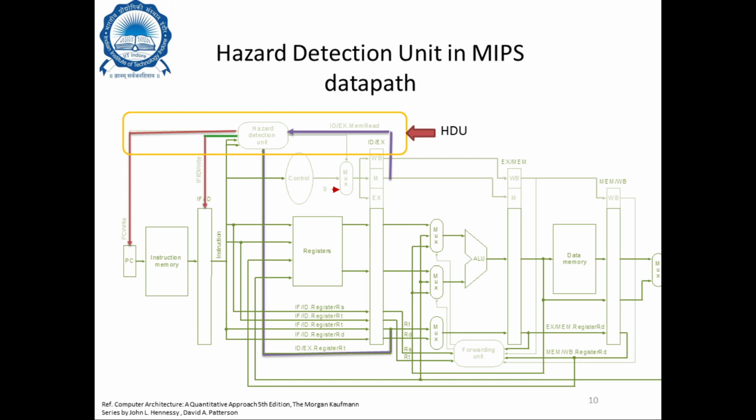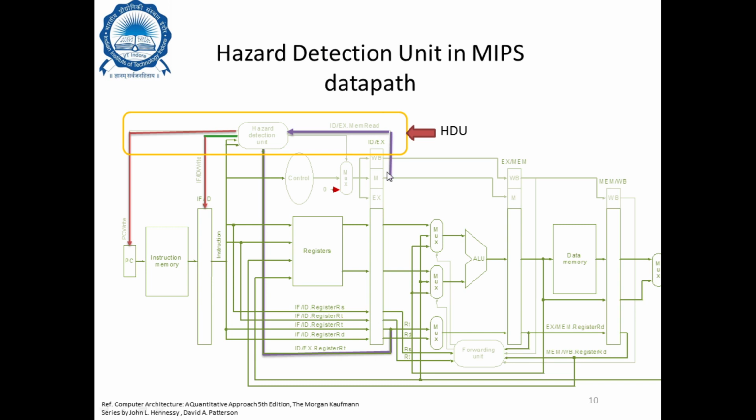Now this can also be seen through the diagram that I put here. The HDU can be integrated with the existing MIPS datapath as follows. You have an HDU that you see here, and the inputs of this HDU come from the ID/EX, which is the stage between the register file and the ALU, that is instruction decode and execute.